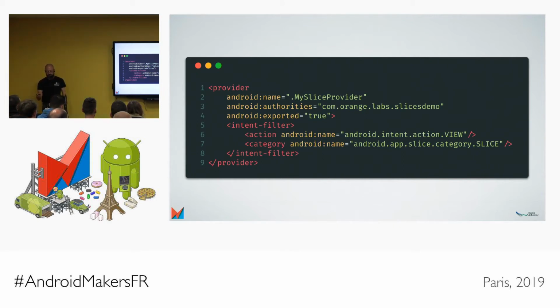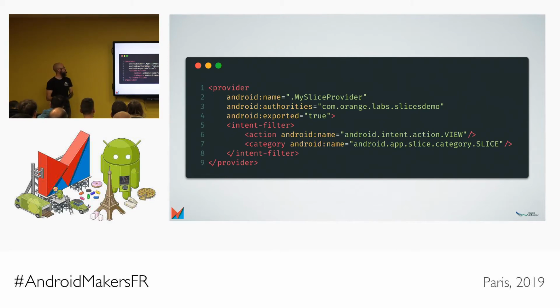You also need to declare an authority name, which here is com.orange.lab.slices.demo, which will be basically the root of the URI that we'll call to get your slices. It doesn't have to be the same as your package name, but it's best practice to have an authority matching your package name.